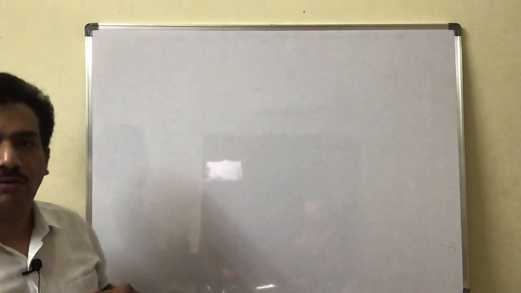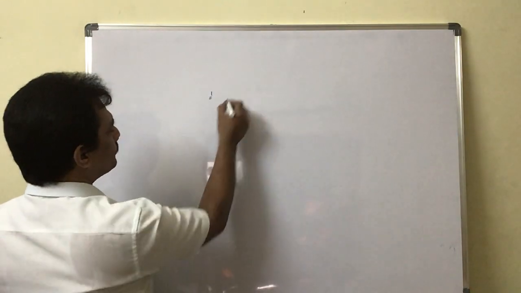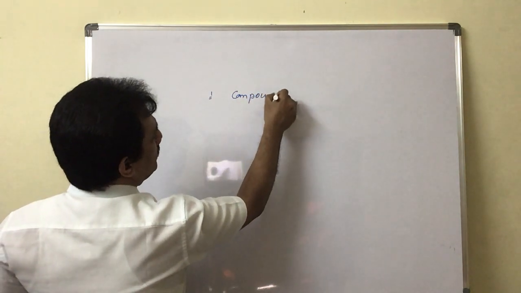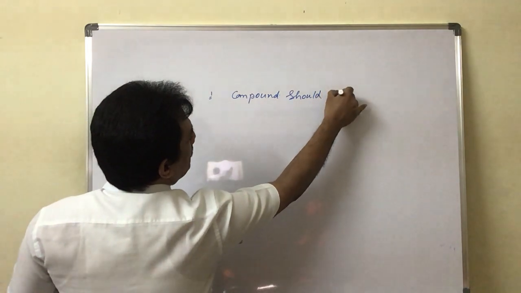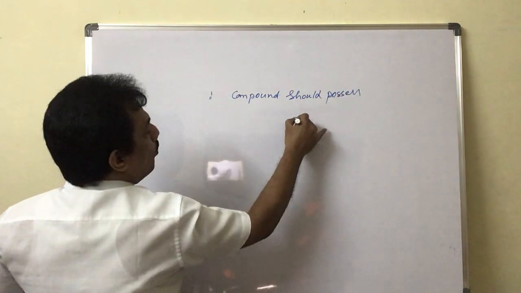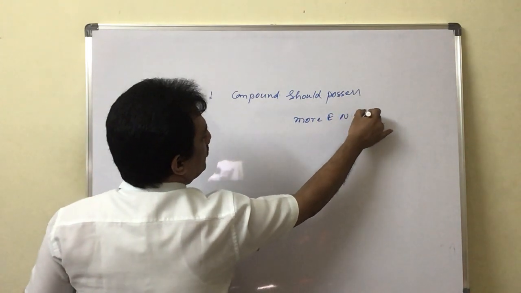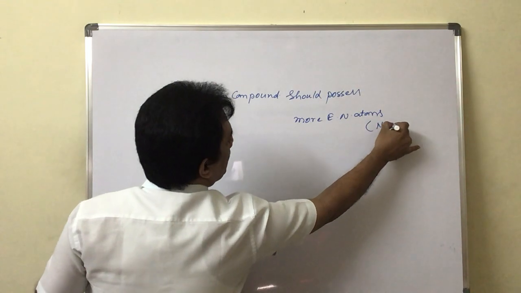The conditions required to exhibit tautomerism: first, the compound should possess more electronegative atoms like nitrogen and oxygen.